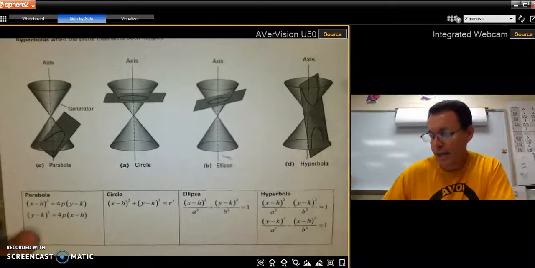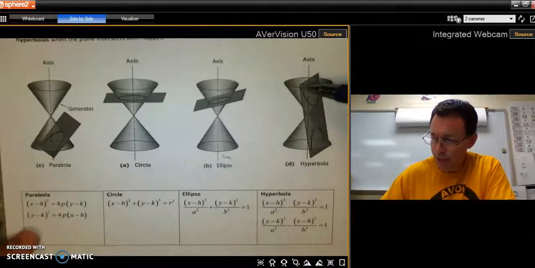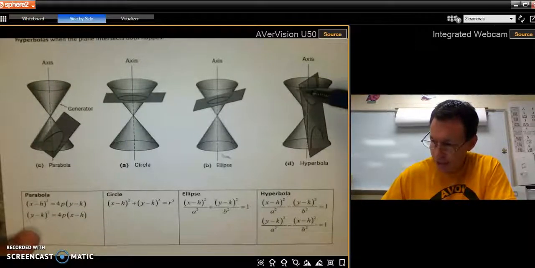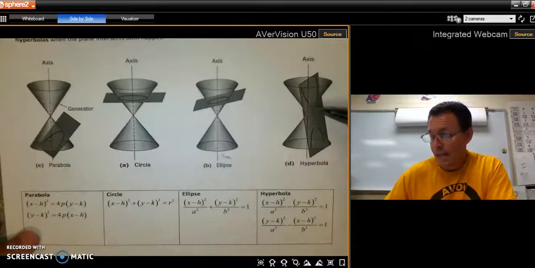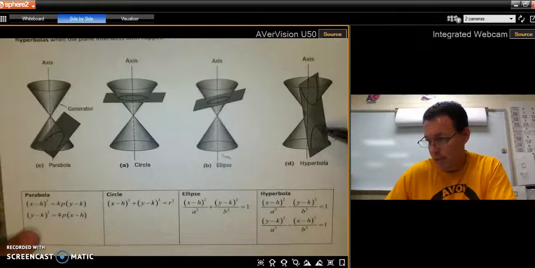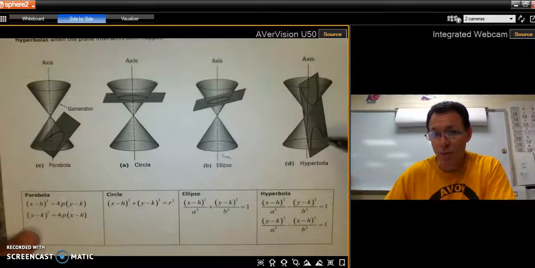And then lastly, we're going to talk about something called a hyperbola, which involves both of these cones. You come in, you hit the base of one, and it comes out the other side, so it's going to create something that looks like a parabola. This is not a parabola. Then it hits the other side and comes out the base, and it creates a mirror image over here. Again, these are not parabolas.